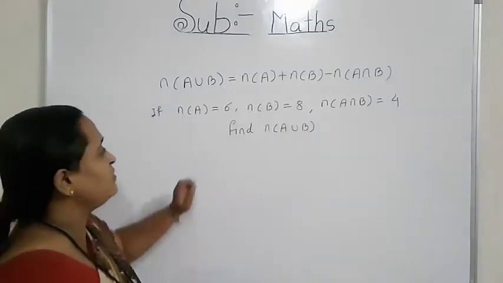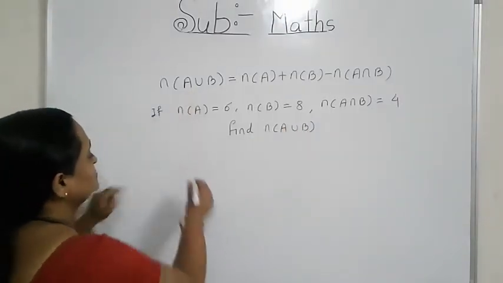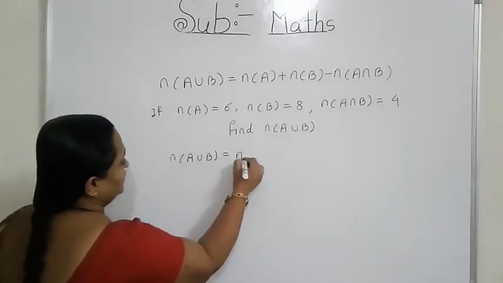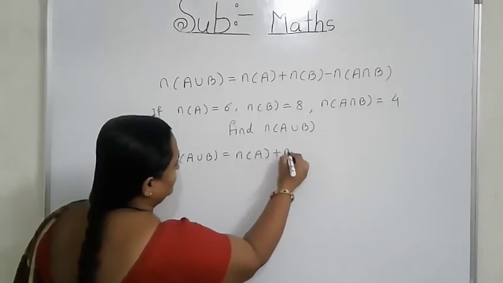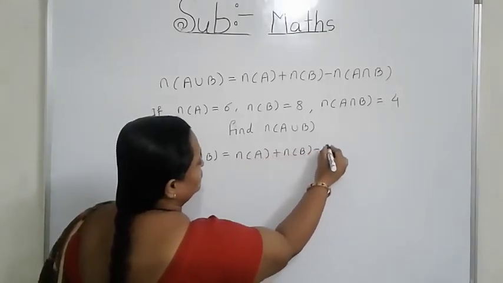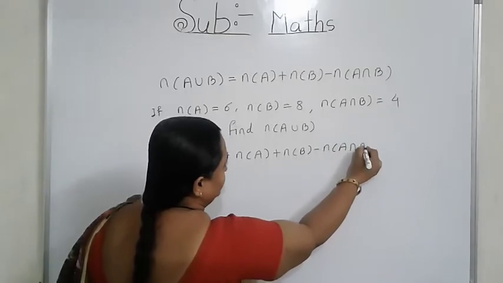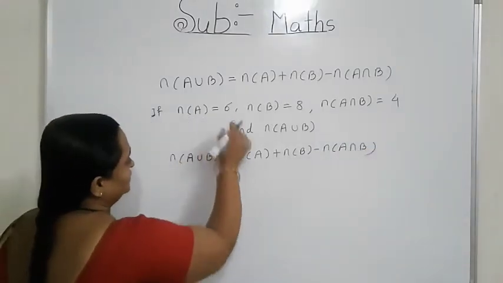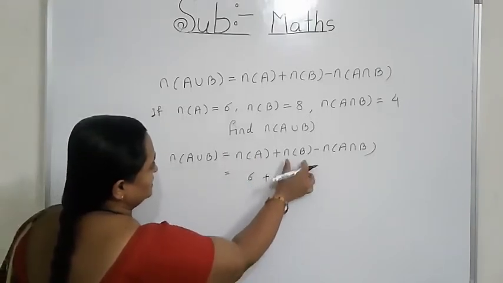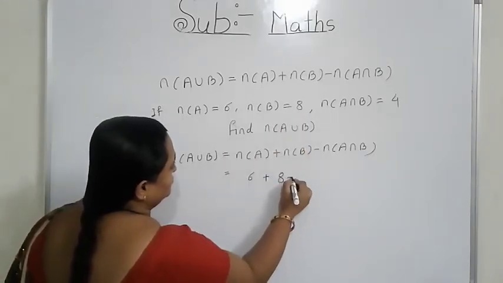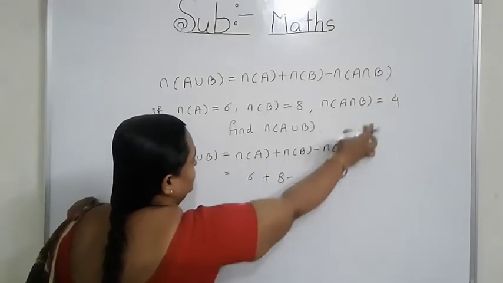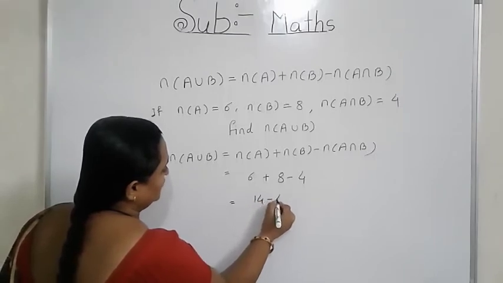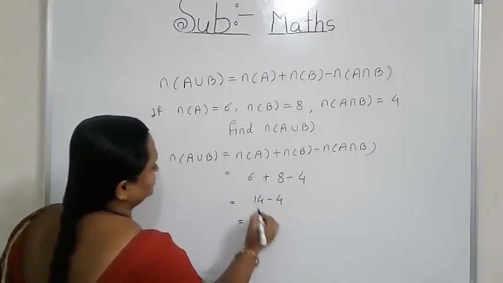Now in this example, first we have to write this relation. n of A union B is equal to n of A plus n of B minus n of A intersection B. Now substitute the values. n of A is 6 plus n of B 8 minus n of A intersection B, that is 4. 6 plus 8 is 14, 14 minus 4 is equal to 10.